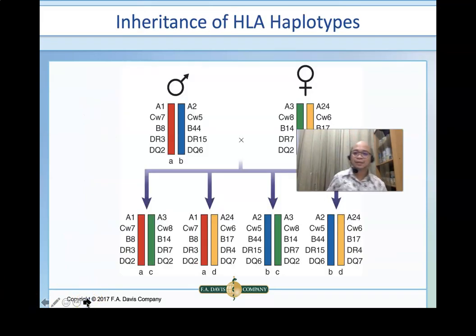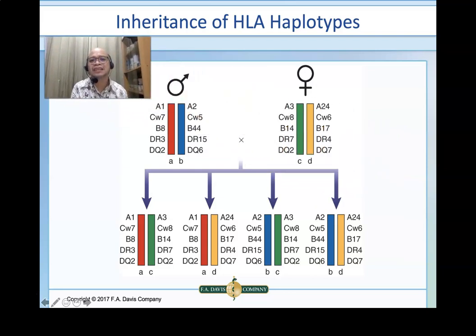Moving on, we have here an example of the possible progeny when polymorphic genes are combined with one another, showing how HLA haplotypes are inherited. The genes that you can see here are the paternal genes, and the genes that you can see here are the maternal genes.